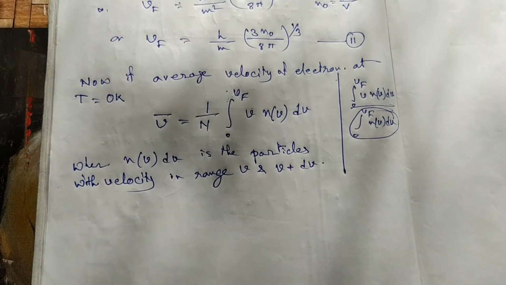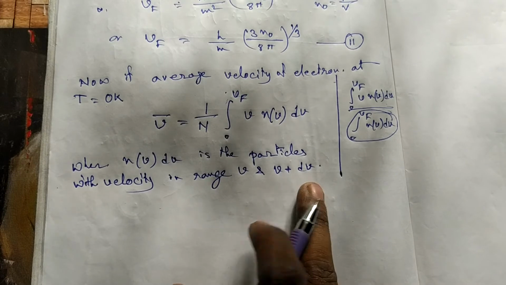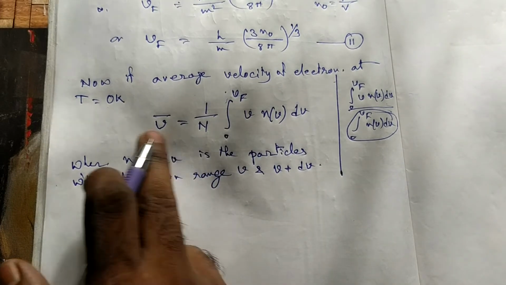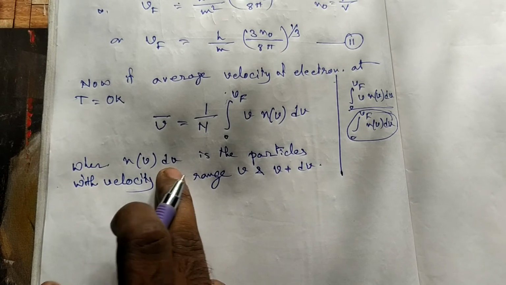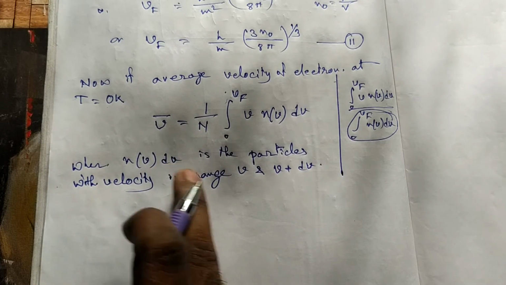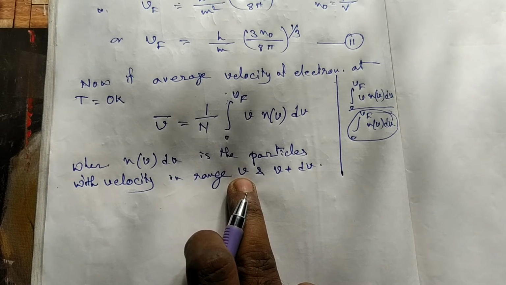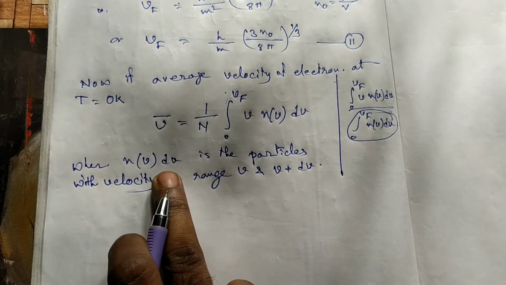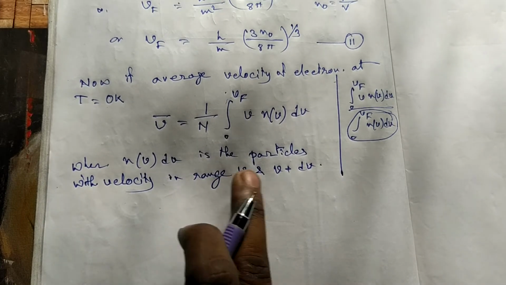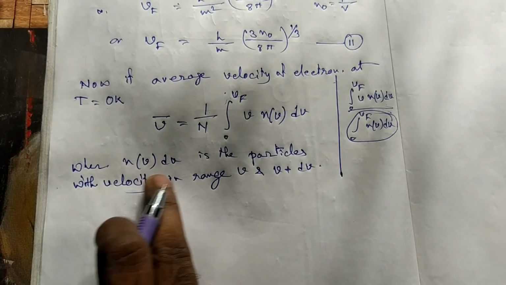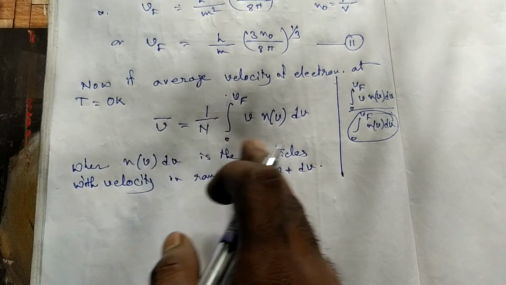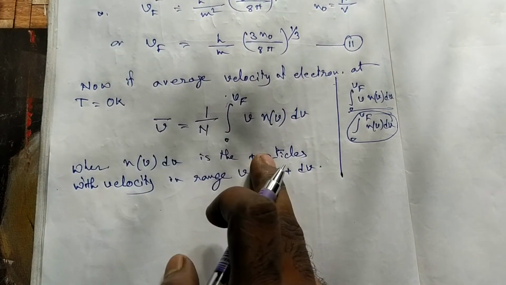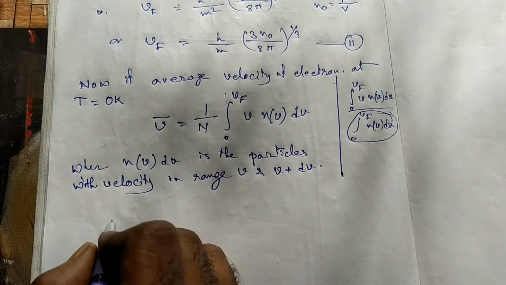Clear? In between V and V plus dV, there is a number of particles. dV is the smallest range of velocity. In the range V to V plus dV, the total number of particles is this one, and the expression for the average velocity of the electron comes from it.